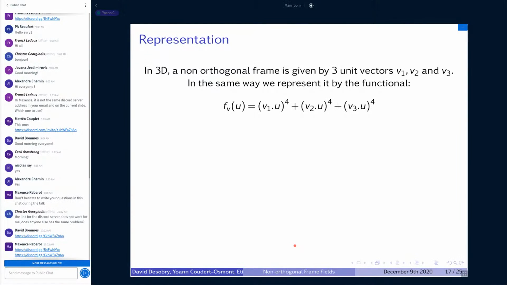But in 3D it is simpler to directly consider unit vectors with Euclidean coordinates x, y, z instead of using angles. So now instead of having two vectors given by their angles θ1 and θ2, we will have three vectors v1, v2, and v3 represented with Euclidean coordinates.